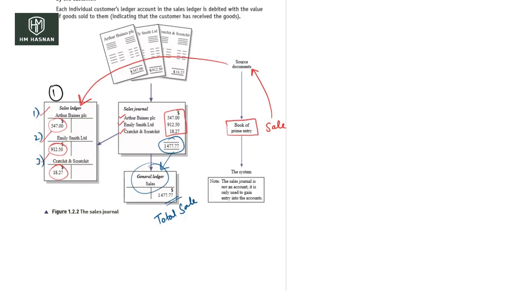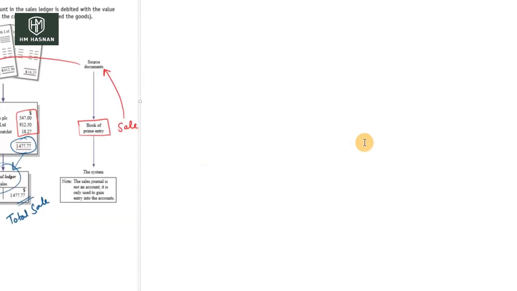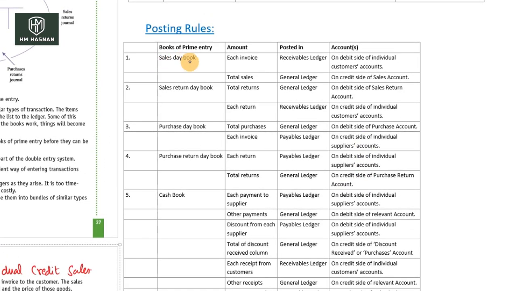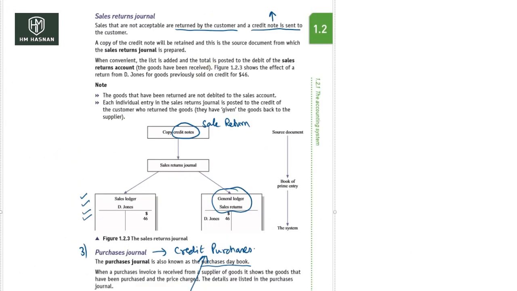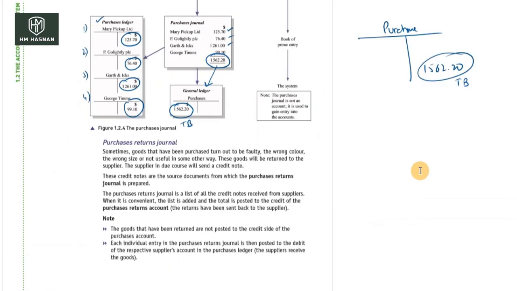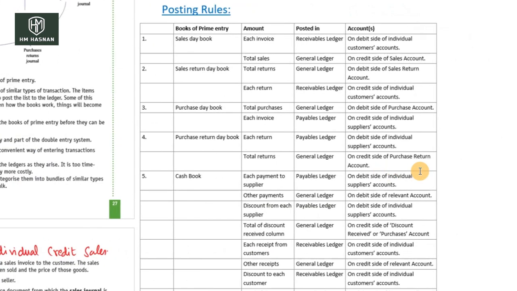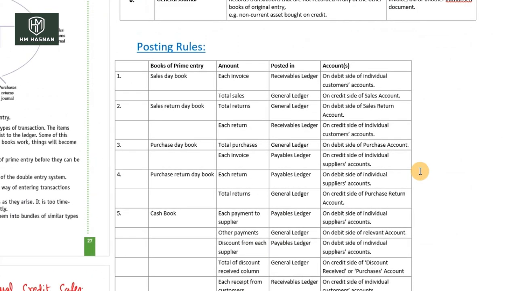So here is the summary of all the ledger transactions. The posting rule for the sales day book is that each invoice is recorded in the receivable ledger.